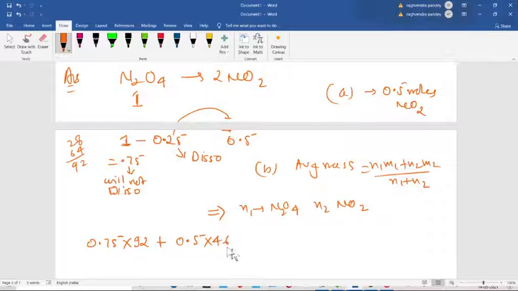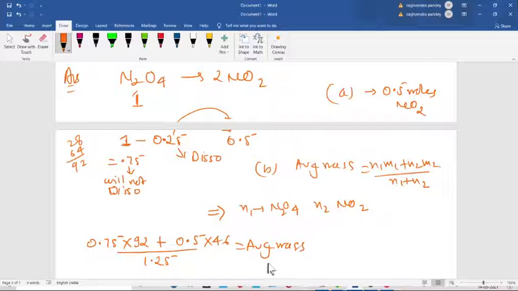So 46 divided by N1 plus N2, which is 0.75 plus 0.5. So 0.75 and 0.5 will be 1.25. Okay, so that is your average mass.